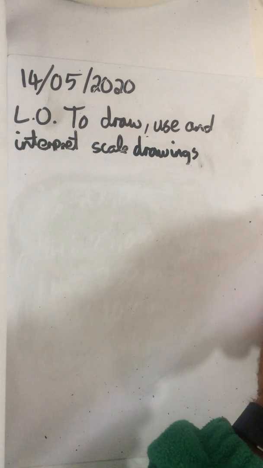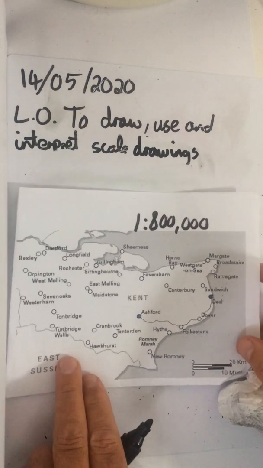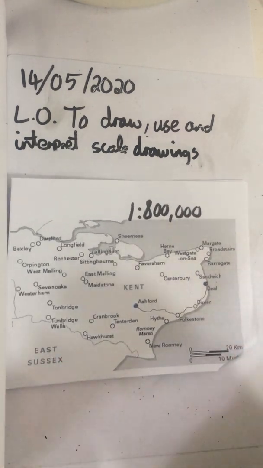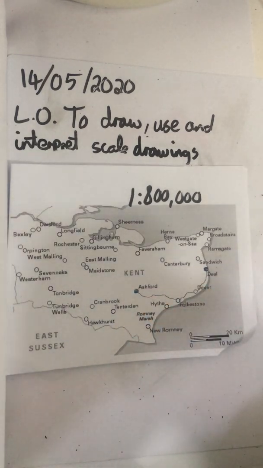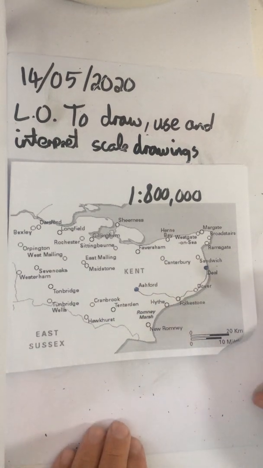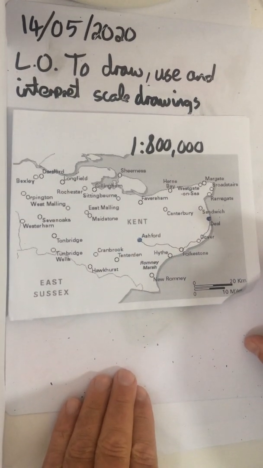Okay, right, let's have a little look. So this is our map of Kent. Okay, map of Kent, and roughly the ratio here is 1 to 800,000.